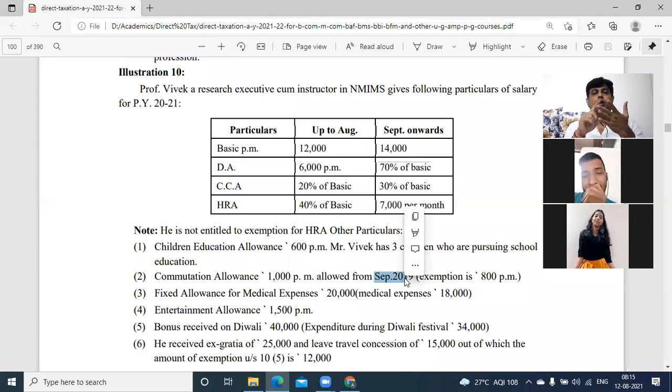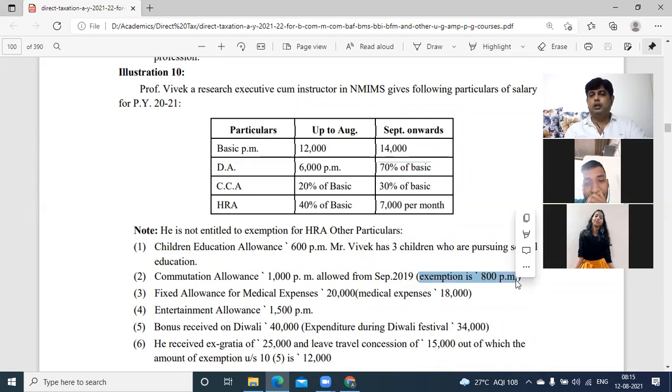September, October, November, December, January, February, March. 7 months. So for 7 months we will get an exemption again under section 10(14), 800 per month. That much we will deduct. The remaining will be taxable.